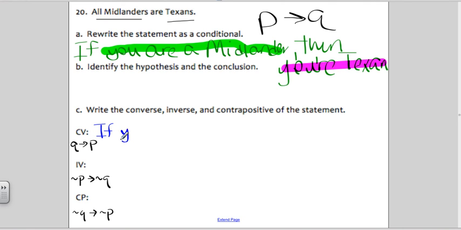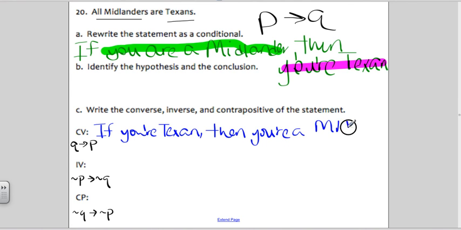My original is if you're a Midlander, then you're Texan. So the converse is the switch of that. So if you're Texan, then you're a Midlander. Sorry, that ended up really messy there. Better, okay?